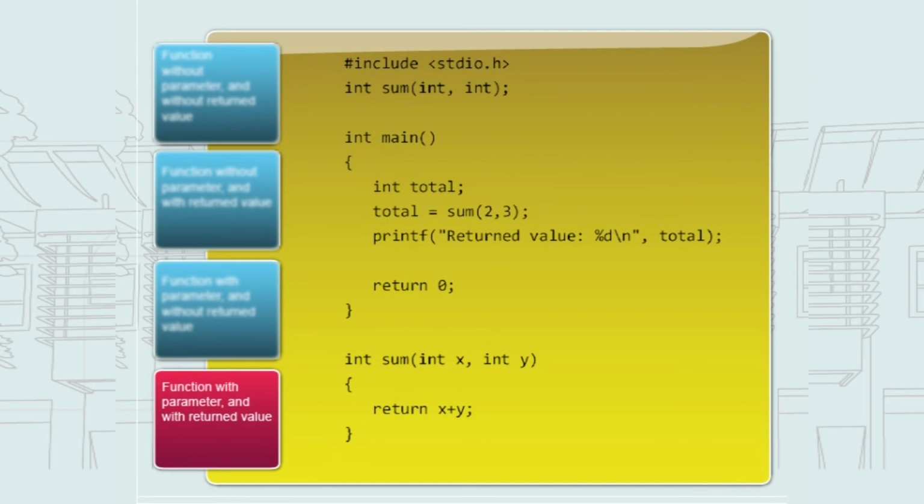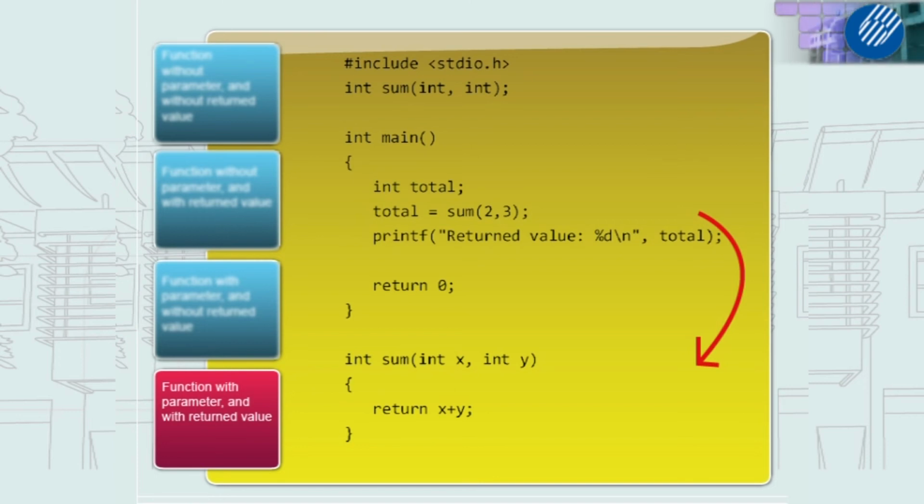Okay, now we move to the last way of manipulating function, calling function with parameter and also with a return value. Take a look at this program. It's almost similar to the previous program, but you just need to add a variable named total to accept the returned value.